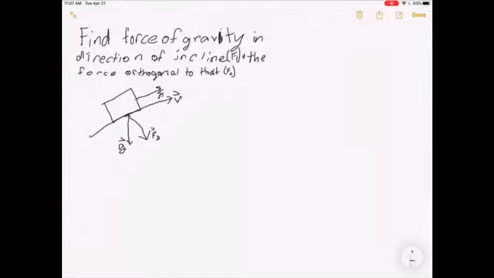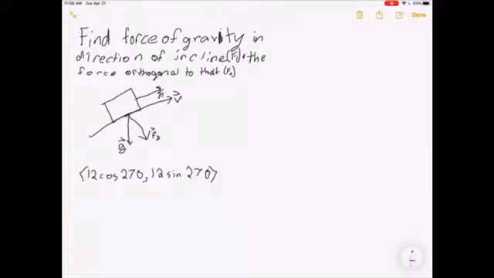So first we must find G. So G is, so we know this because 12 is the newtons of force, and 270 is the direction straight downwards because gravity points straight downwards.